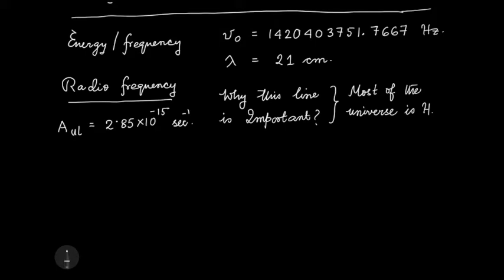So for Lyman alpha, if you have one atom, it can go through the Lyman alpha transition 10 to the 8 times a second. For this, for one atom, it takes 1 by 2.85 into 10 to the 15 second, which is about 10 to the 7 years. So in 10 to the 7 years, if you keep one atom, it may go through this transition. So this transition is extremely rare.